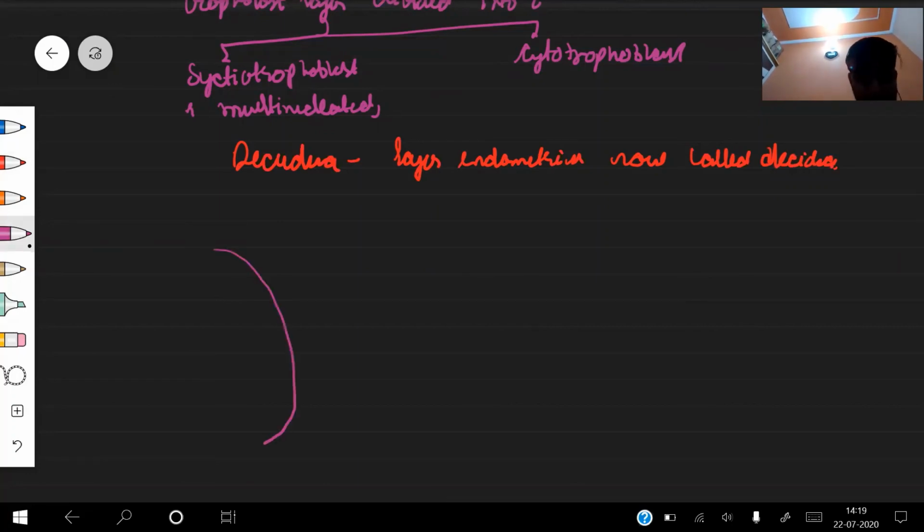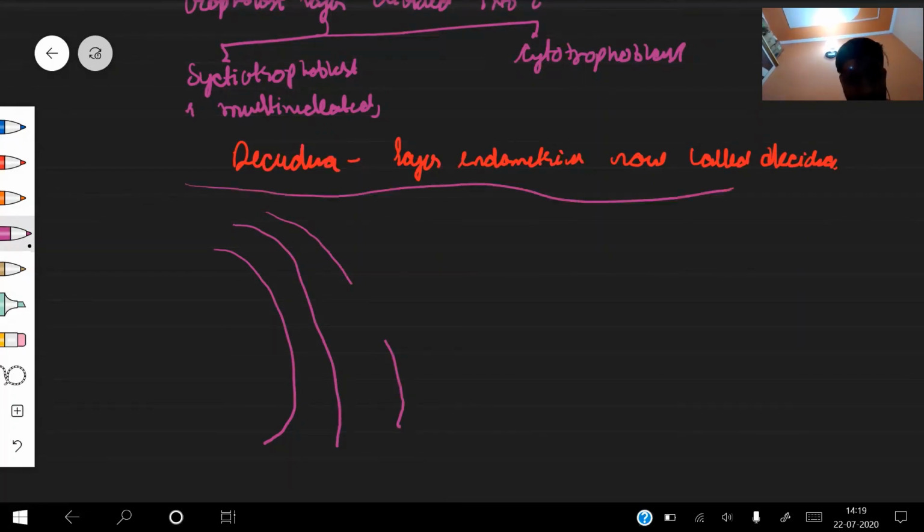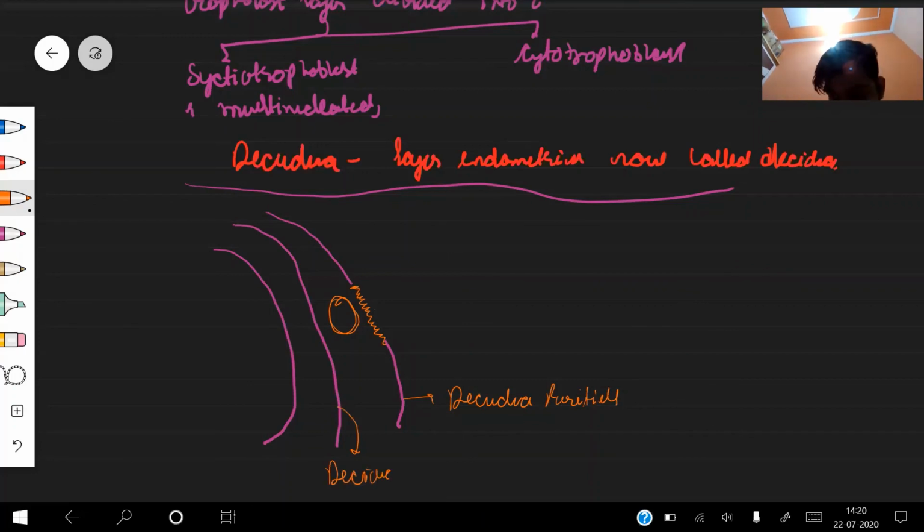This is the perimetrium, myometrium, and endometrium. Here the blastocyst goes inside the endometrium. This is called the decidua parietalis, decidua basalis, and decidua capsularis, and this is the blastocyst.